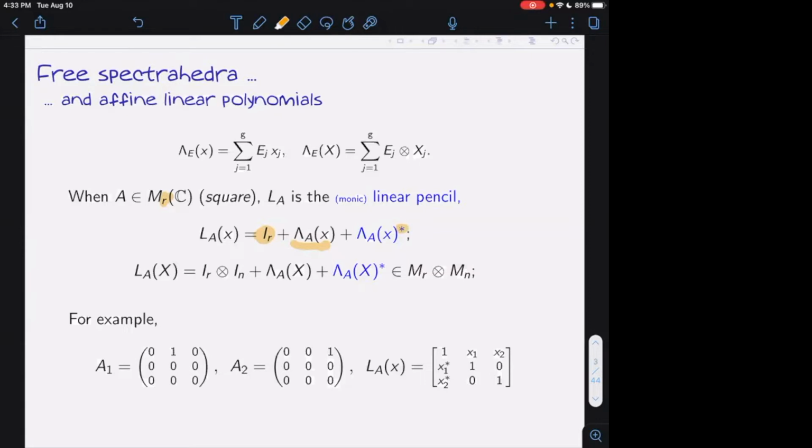And then the way to interpret that is what happens when we evaluate the monic linear pencil L. We're going to evaluate the r by r identity by tensoring with the identity of size n, for X a tuple of size n.